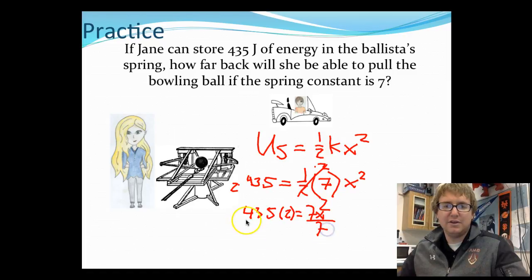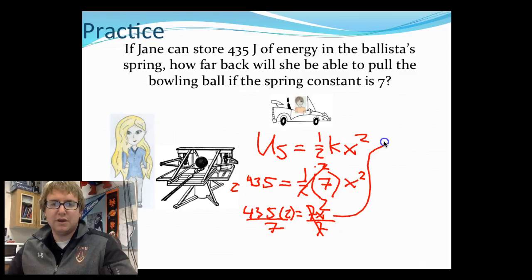Now divide both sides by 7, and those 7's cancel. We are left with 435 times 2 divided by 7 equals x squared.